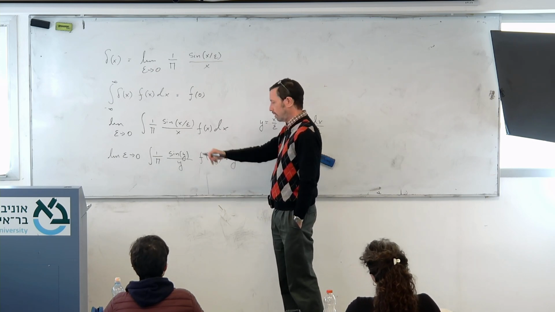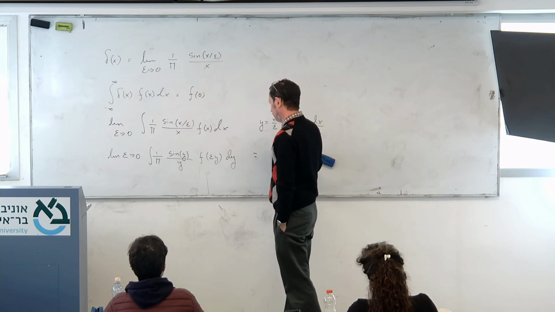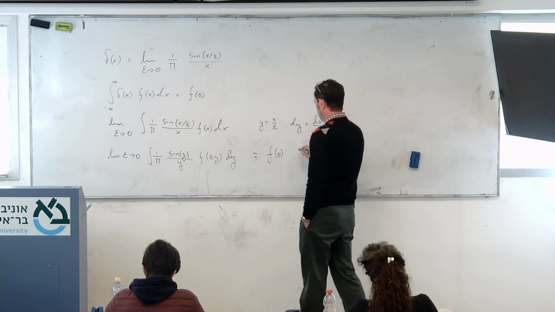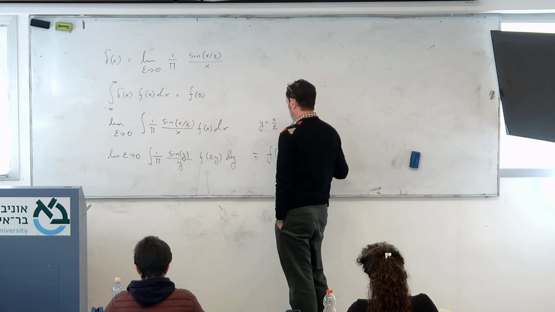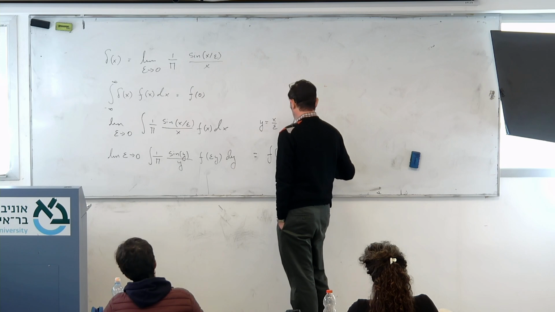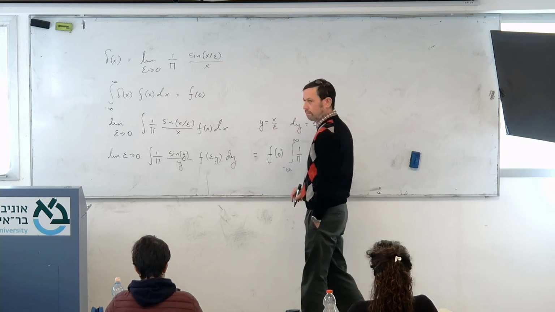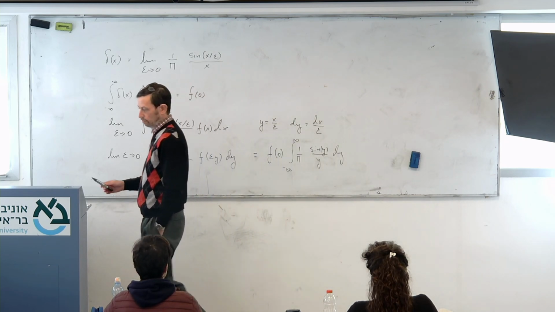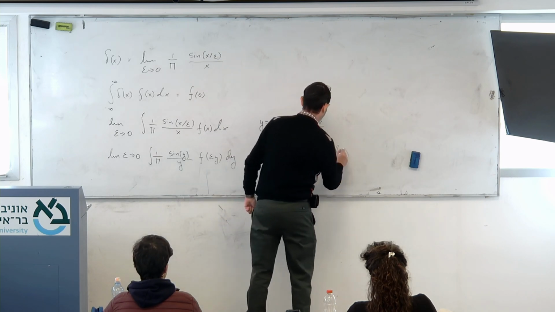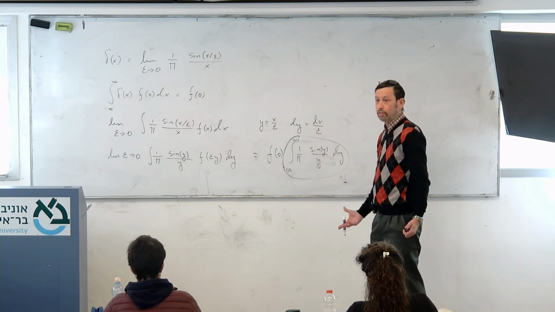Okay, f of 0 is outside, and this we proved in the previous lecture is 1.